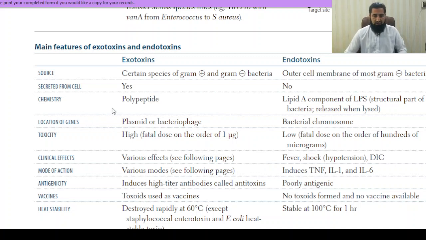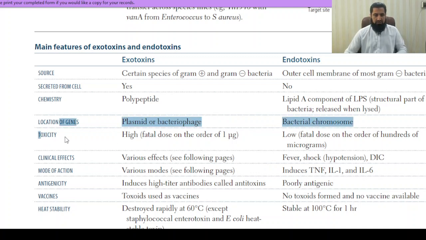Chemistry: the chemical composition of exotoxin is polypeptides, while endotoxin is lipid A component, lipopolysaccharide, a structural part of bacteria released when lysis occurs.